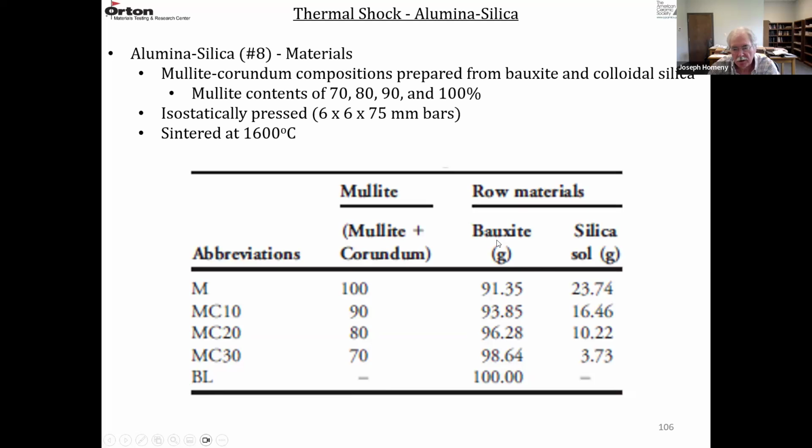The raw materials here, bauxite and silica, these are how they were mixed in terms of grams. You can see the silica is highest where you have 100% mullite. So this is probably the right ratio to convert all the bauxite to mullite. And then the silica content decreases and the mullite content decreases.